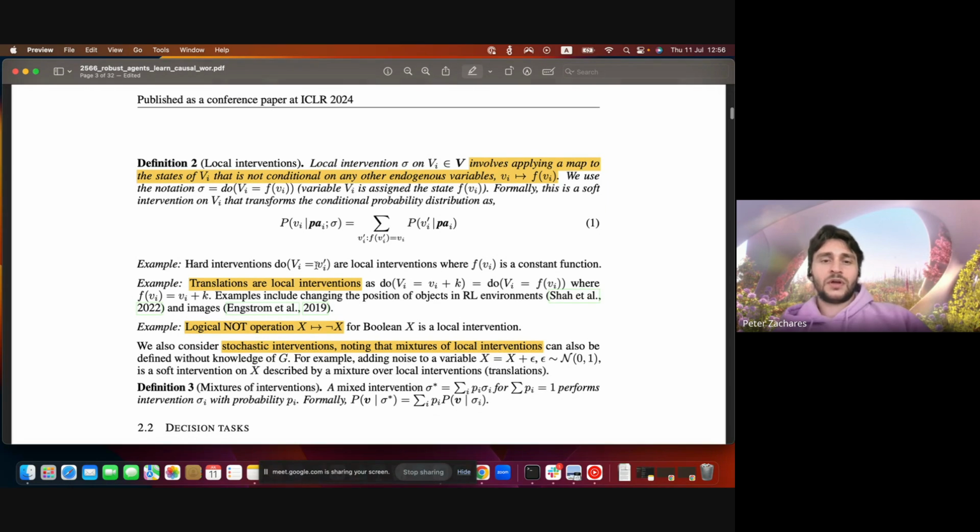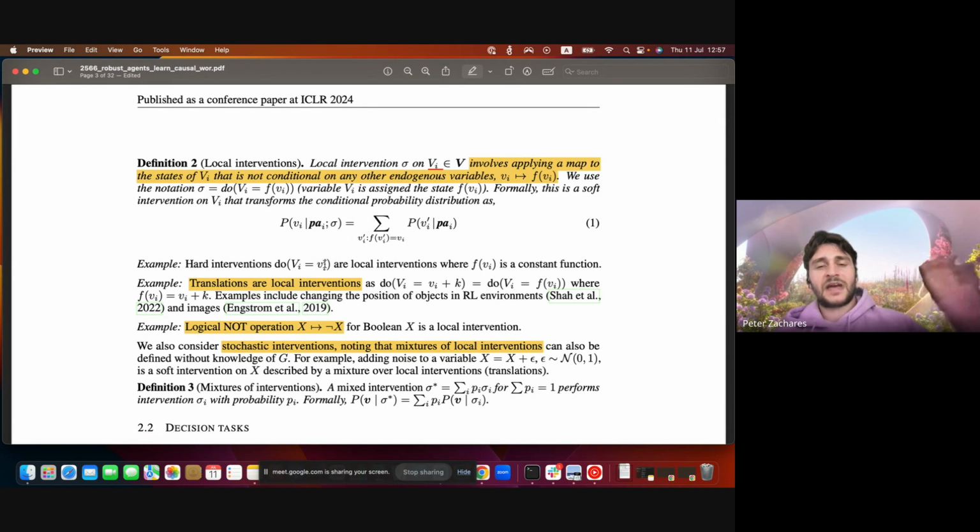So for example, a local intervention is a mapping from every possible value of a variable. Say we have v_i in V, one of the variables in our causal world, which takes on values little v_i.